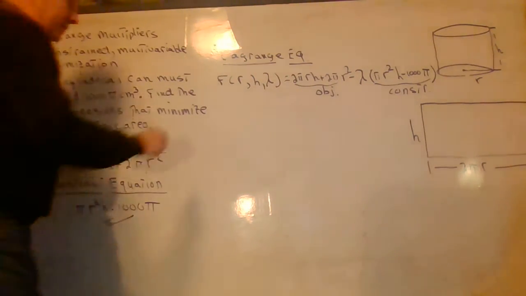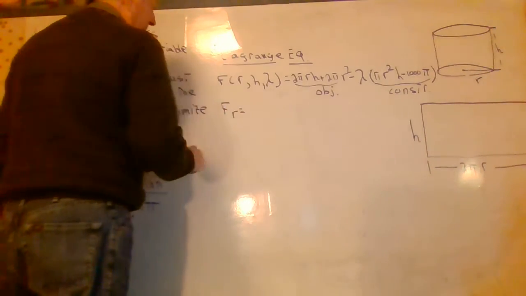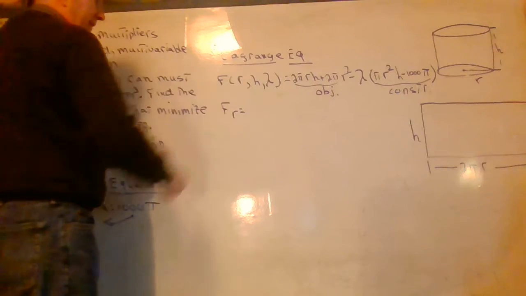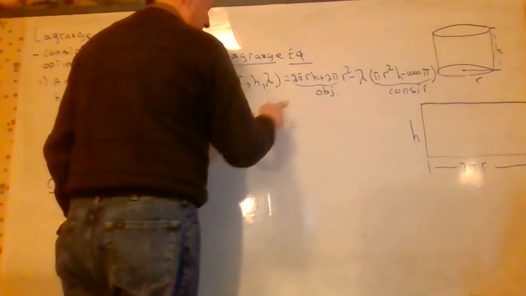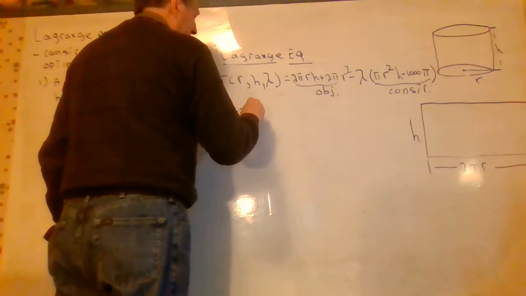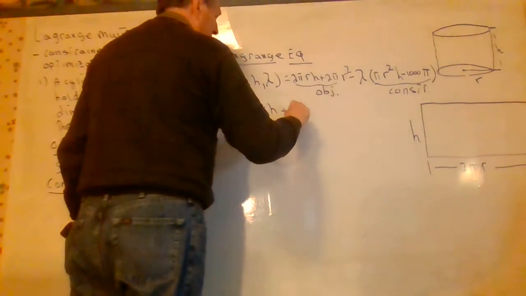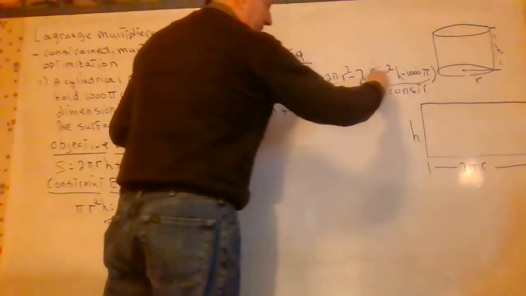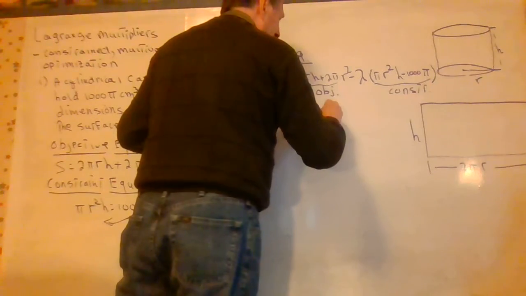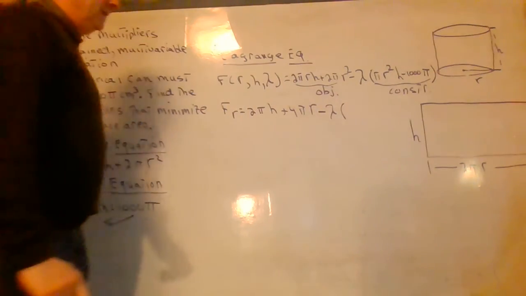Next, we need to find three partial derivatives, f sub r, f sub h, f sub lambda, and we're going to set them equal to 0. F sub r, we'll start with this term, 2 pi h plus 4 pi r. And then to differentiate this part, you can just say minus lambda and differentiate inside the parentheses.